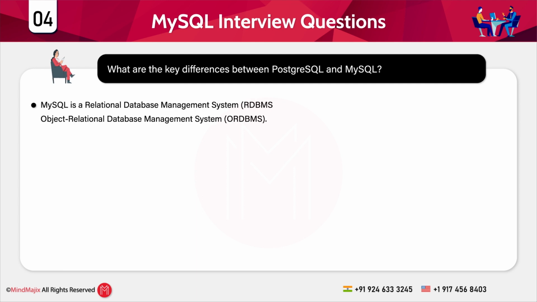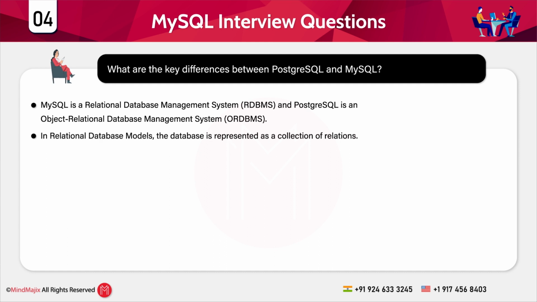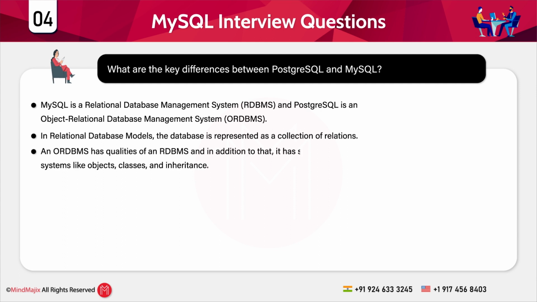MySQL is a relational database management system, and PostgreSQL is an object relational database management system. In relational database models, the database is represented as a collection of relations, whereas an object relational database management system has qualities of an RDBMS and, apart from this, has several features of an object-oriented management system like objects, classes, inheritance, and so on.